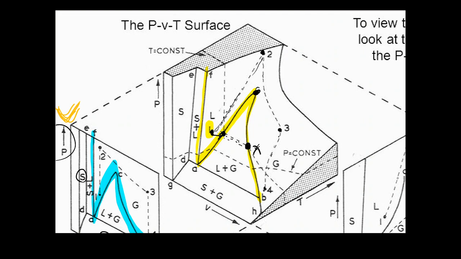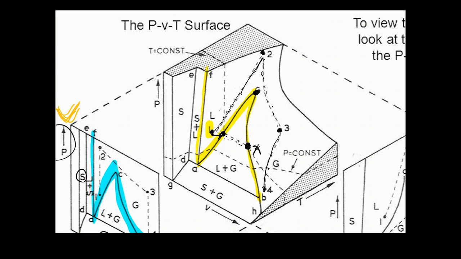If you go beyond the critical point, you enter the supercritical conditions, where you cannot distinguish what phase you have. And then you keep going. What do you have here? Yes, you're going to have a gas. And then you keep going to lower pressures. Of course, this will be gas as well.